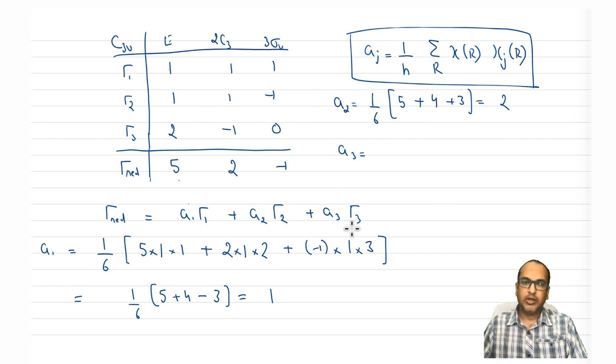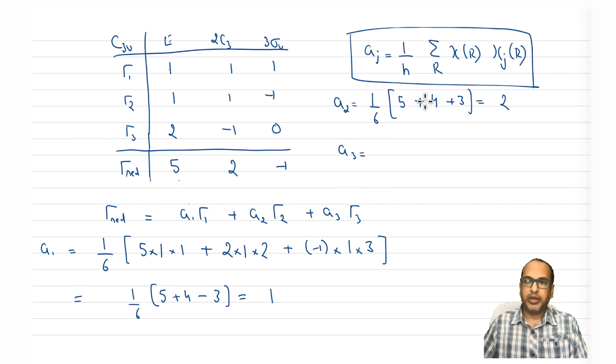Whole numbers. Because the contribution of any given irreducible representation cannot be a fraction for a reducible representation. So again, 5 into 2, 10, minus 4, and then 0. So what do we have here?